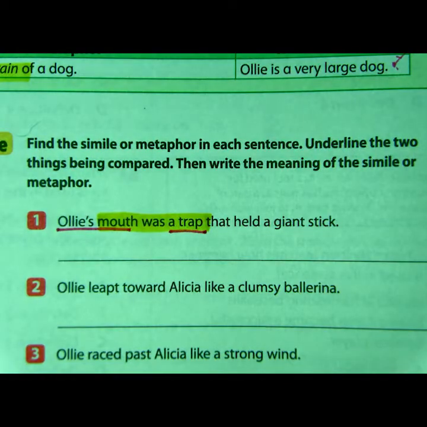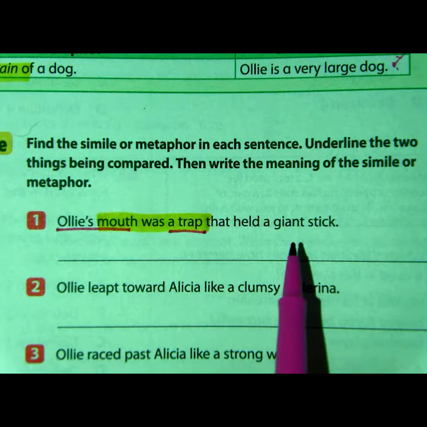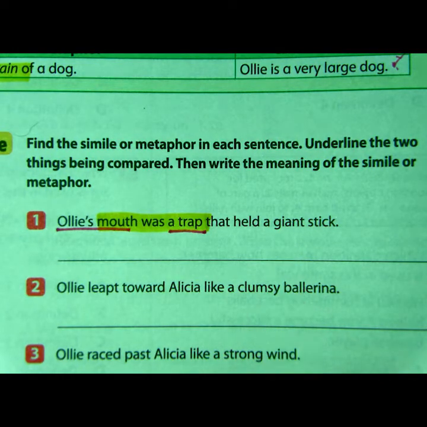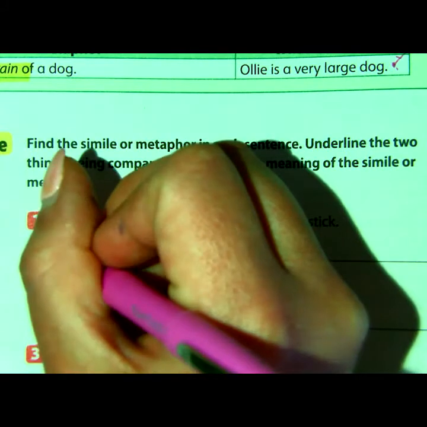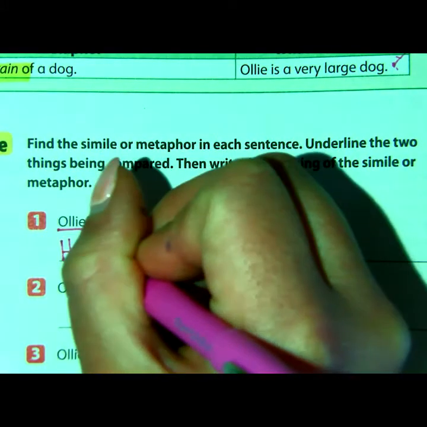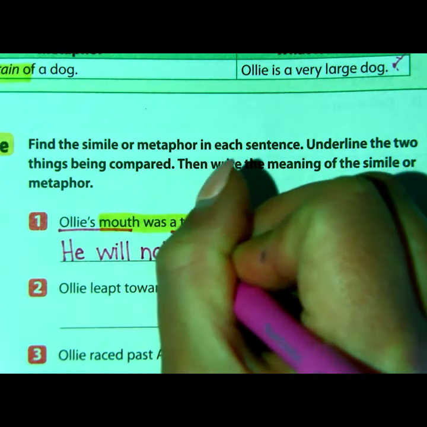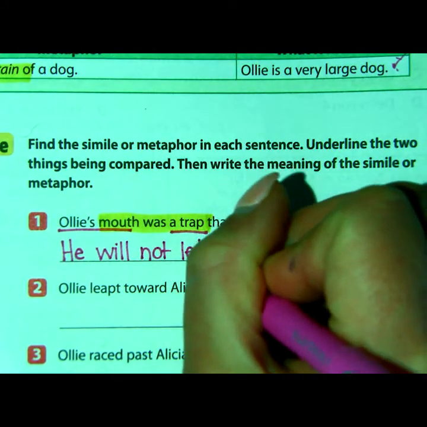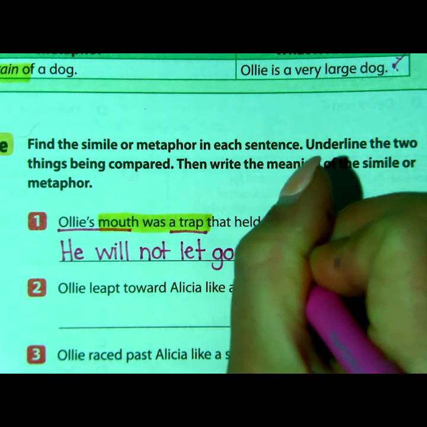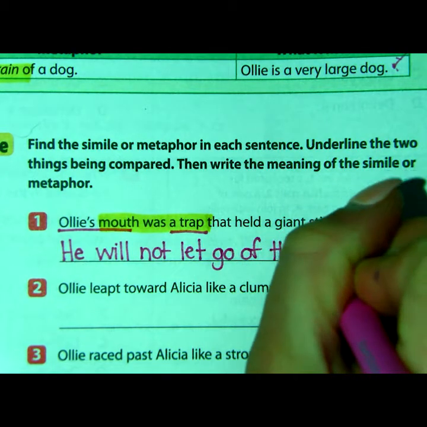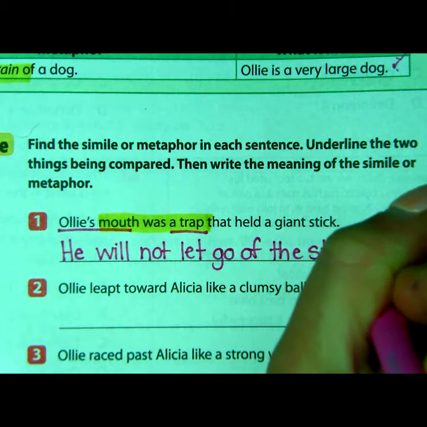Well, if we know that traps typically hold things in place or keep them secure, then what is it that he's holding? A giant stick. So I think this sentence means that he will not let go of the stick. He's got it trapped there in his mouth.